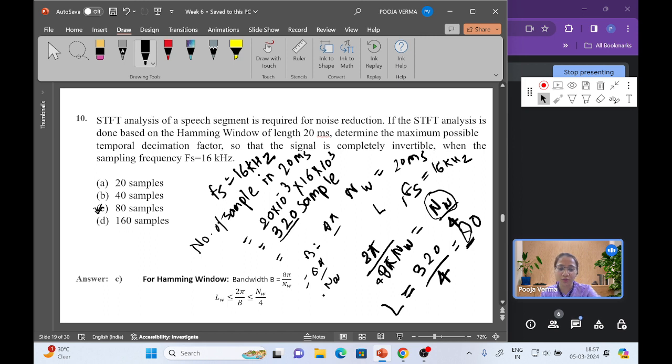First we find the number of samples in 20 milliseconds. Then to find the decimation factor of a Hamming window, we divide that by 4. Then we will get 80 samples.